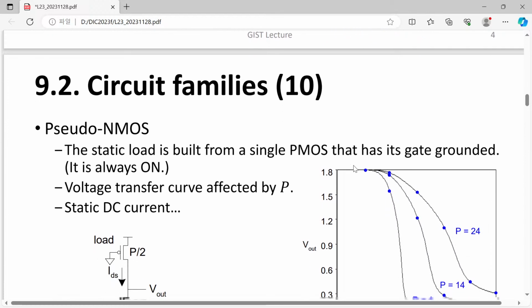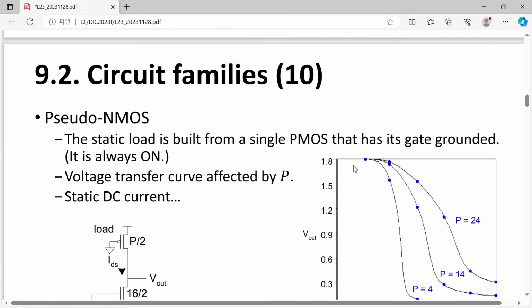The first family we will study in today's lecture is pseudo NMOS. What is pseudo NMOS? The name comes from the following.